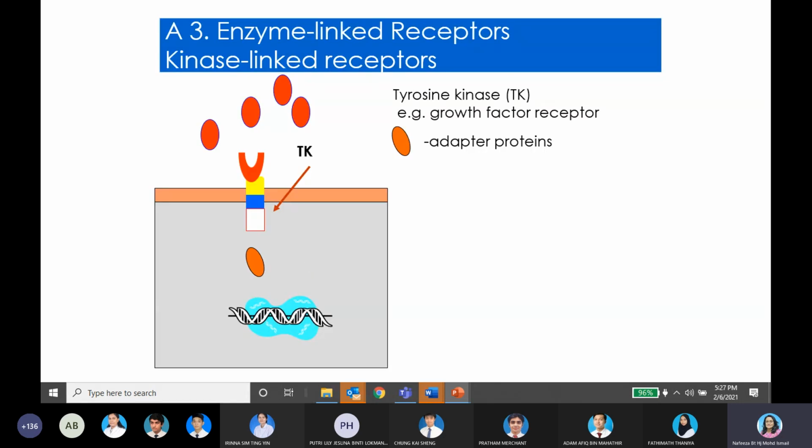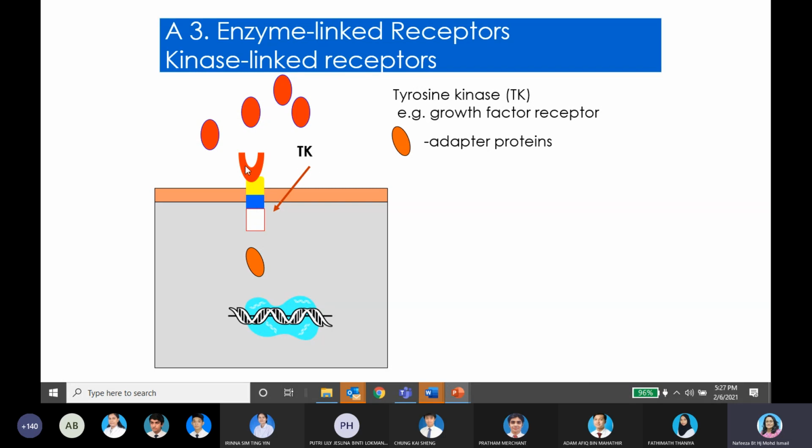This is the example used to illustrate enzyme-linked receptors, and this is how tyrosine kinase works. Tyrosine kinase is an enzyme related to stimulation of growth. The arrow here points to the tail end of the receptor.